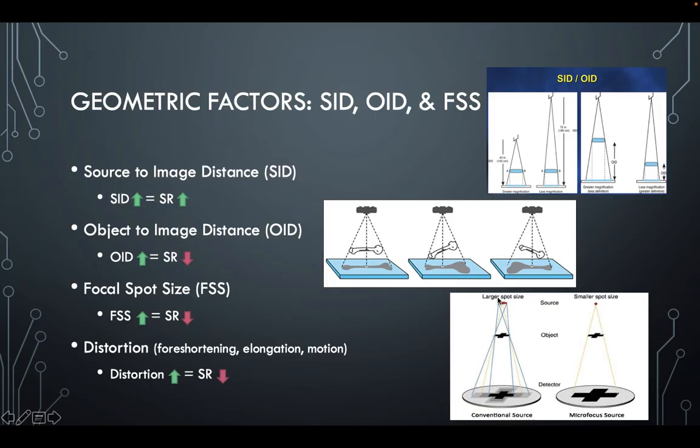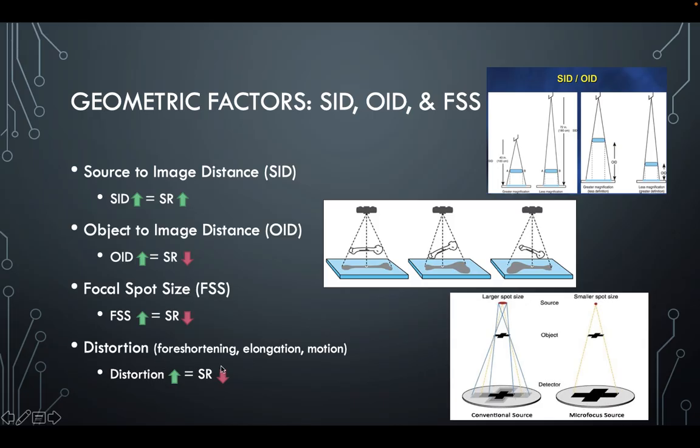However, when I have a larger focal spot size, what's going to happen is X-rays are going to come out and they're going to shoot in a cone like this, but they're also going to shoot in more of a wide cone like this one. And so you're going to end up seeing a bit of blur at the edges. And so this is going to have a decreased spatial resolution in comparison to this one here.